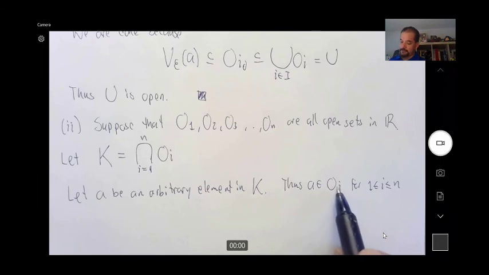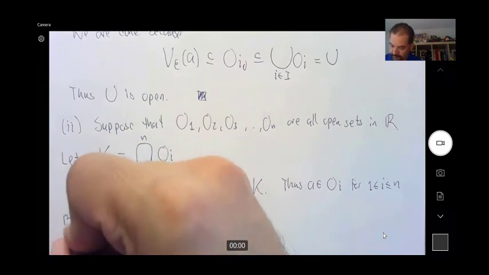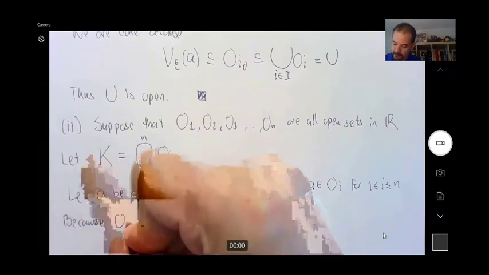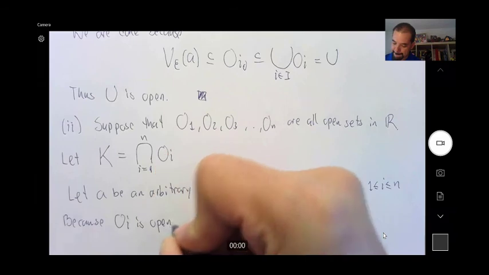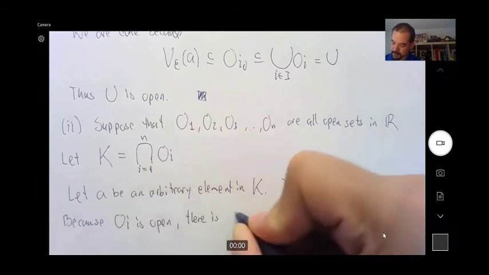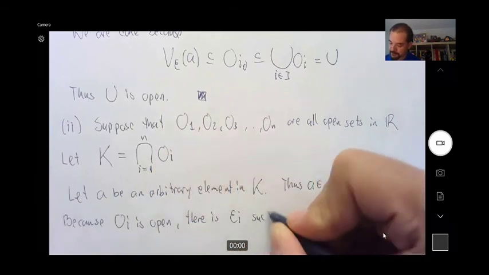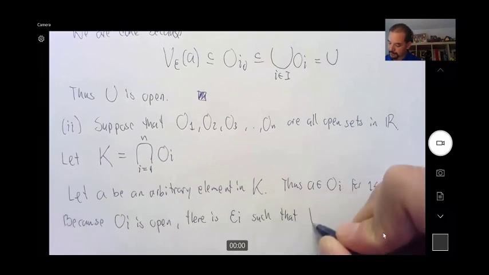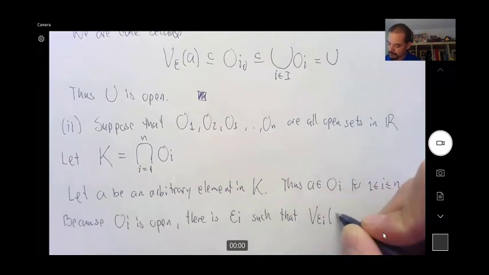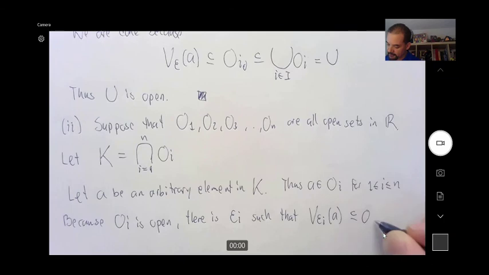And each one of these is open. Therefore, each one of them has a neighborhood, right? So because O_i is open, there is epsilon_i such that the epsilon_i neighborhood centered at A is inside O_i. And this happens for i between 1 and N.